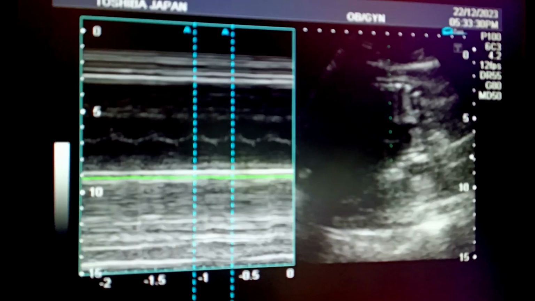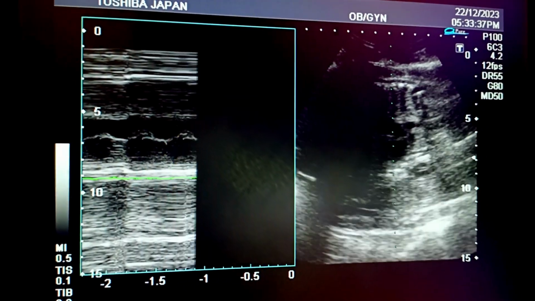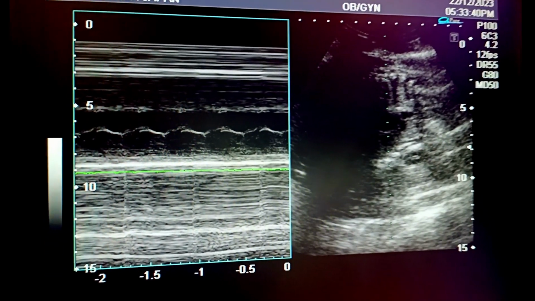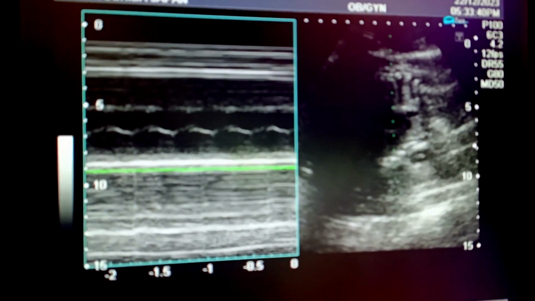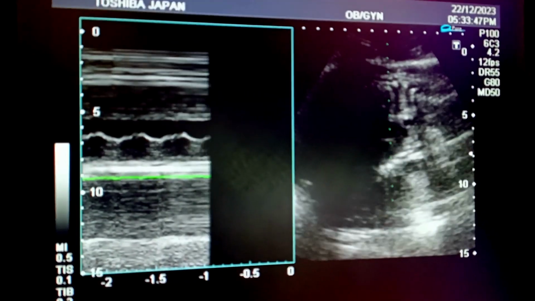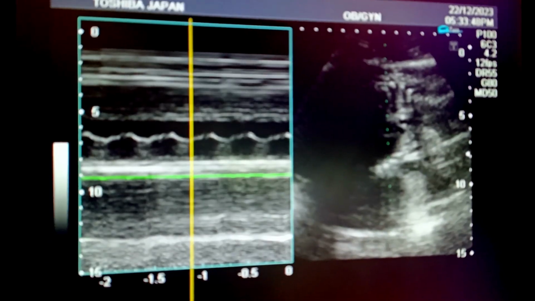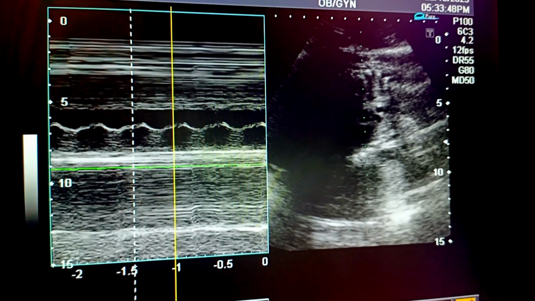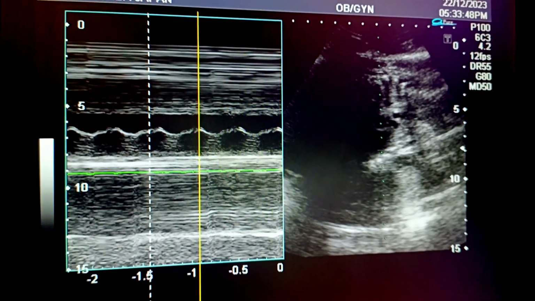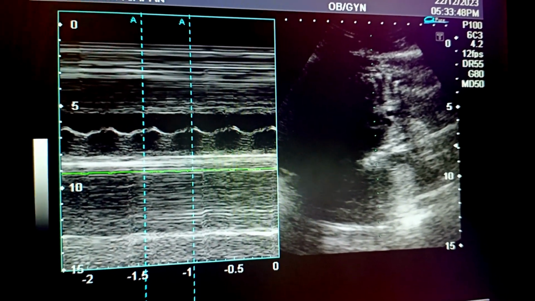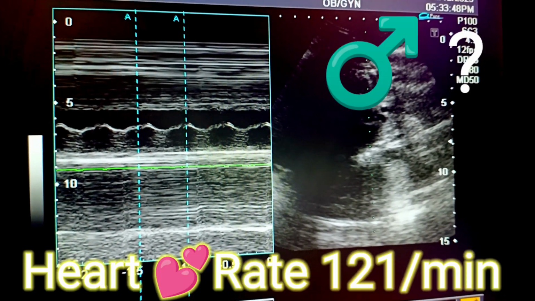Coming to the live case again, we like to calculate the heart rate with the help of the wave pattern. From one peak to the other peak of the wave shows the heart rate, and in this case the heart rate is less than 140 and the gender could be male, and we will discuss it in the coming frames of this live case.